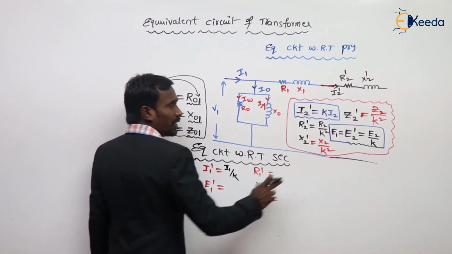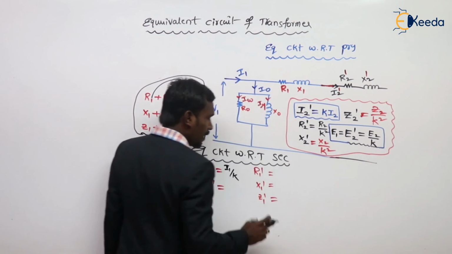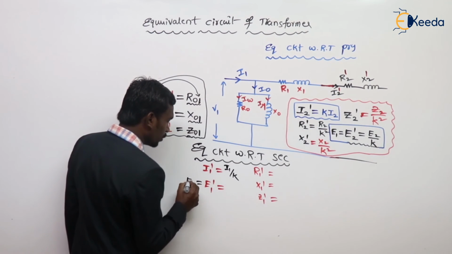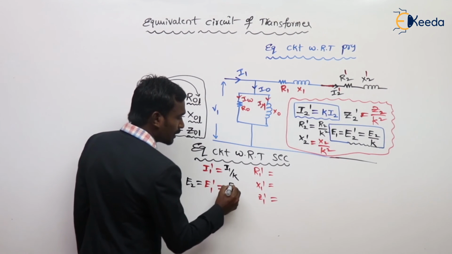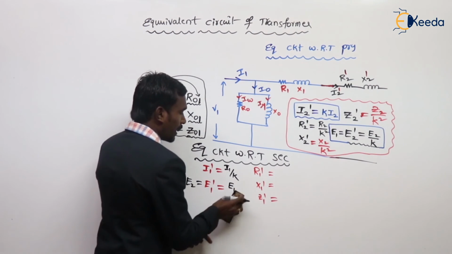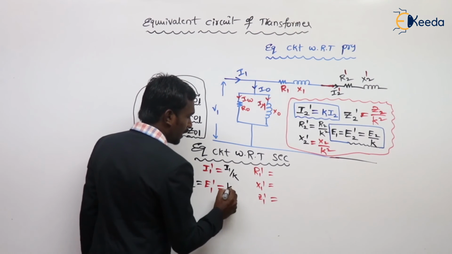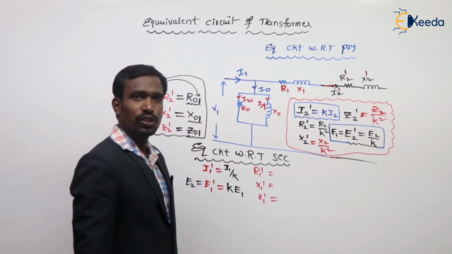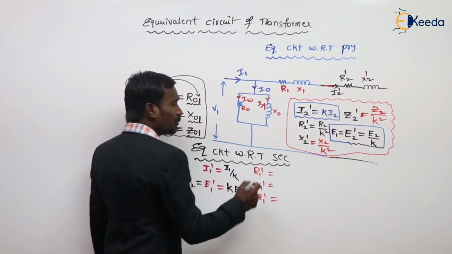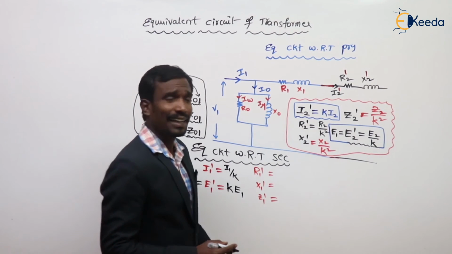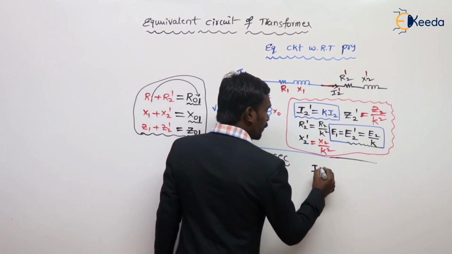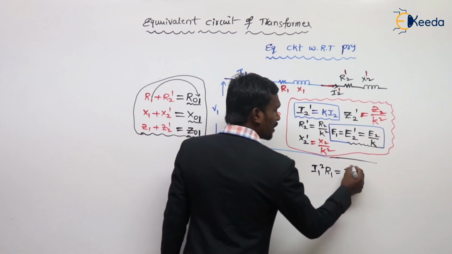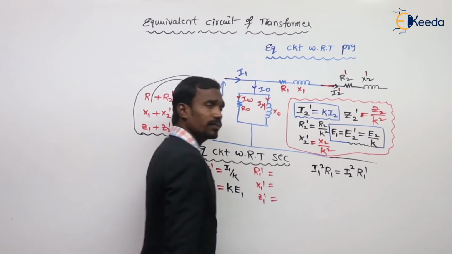Here E2 dash is equal to E2 by K, whereas E1 dash is equal to E2, which equals E1 multiplied with K. This is what E1 dash is. What about R1 dash? We have to calculate again: copper losses before transformation are equal to copper losses after transformation.